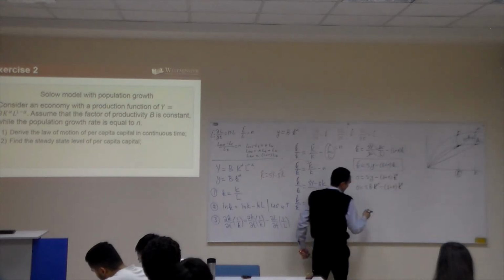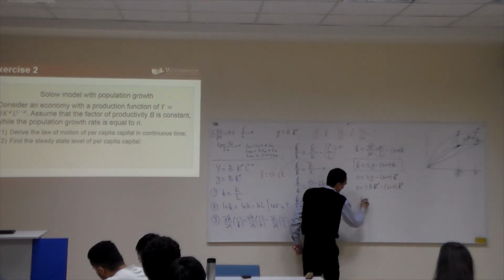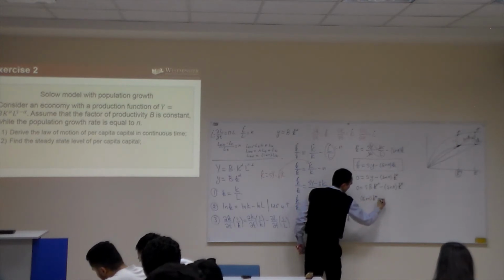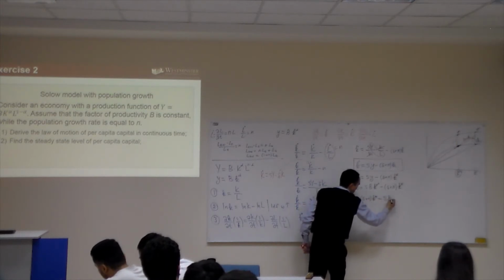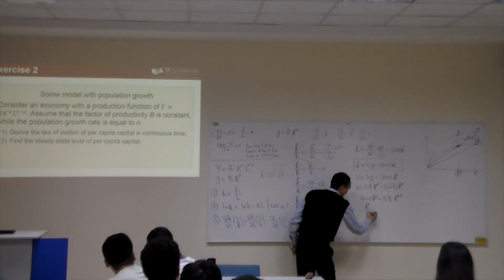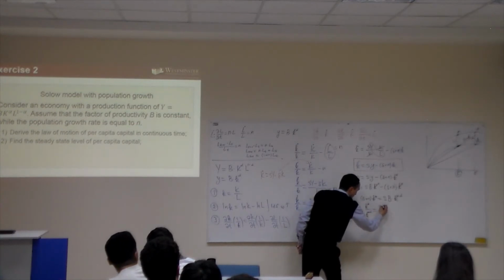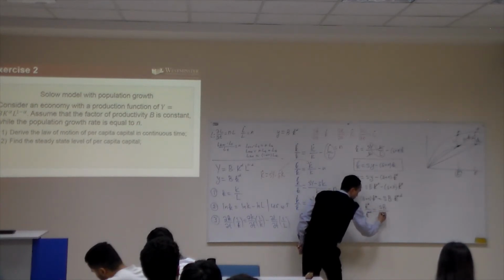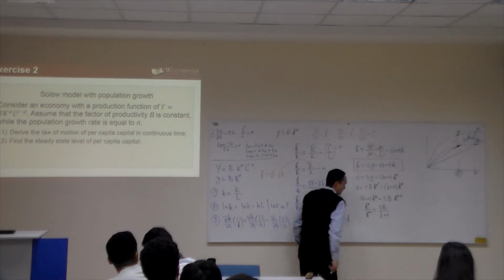So once we do all simplifications, you will get (delta plus n) K star equal saving rate times technology times per capita capital in the power of alpha. K star in the power of 1 minus alpha equal saving rate times technology over depreciation rate plus growth rate in population.